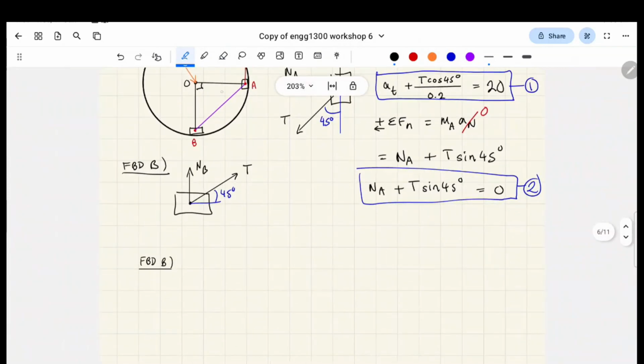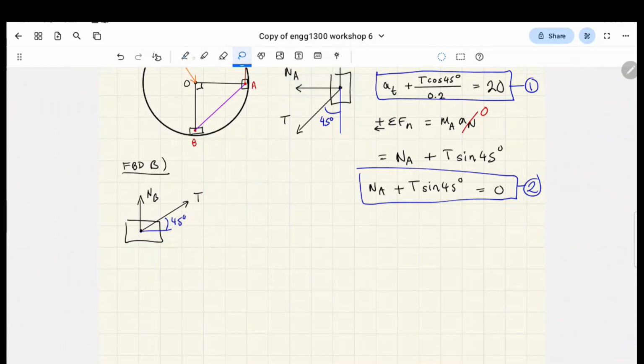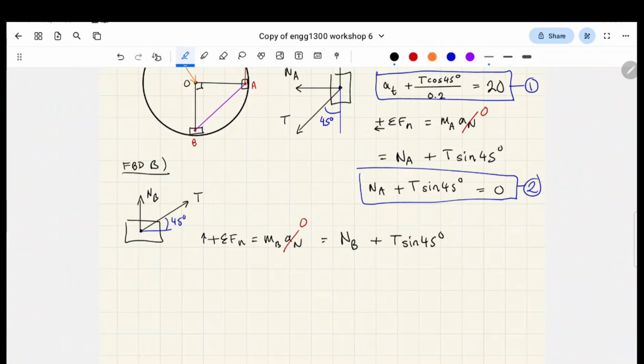Next, we're going to go over to the free body diagram at B. The sum of the normal forces is equal to the mass of B times the normal acceleration, which was 0, and that is equal to NB plus T sine 45. Similarly, NB plus T sine 45 is equal to 0.